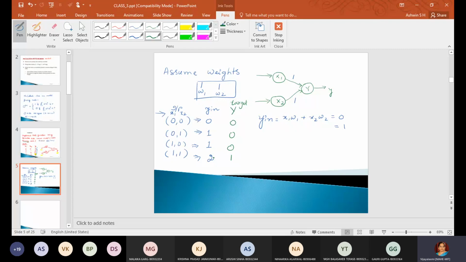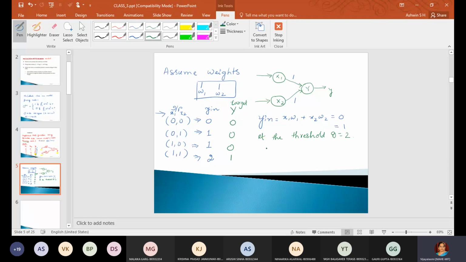So now you can set the threshold theta is equal to 2. There is a formula for determining the threshold value. It is very simple.